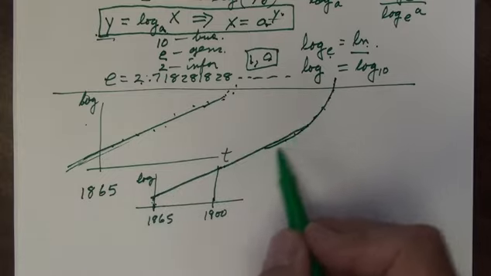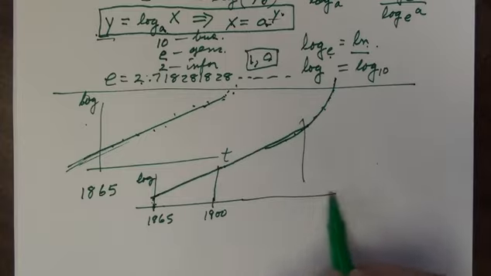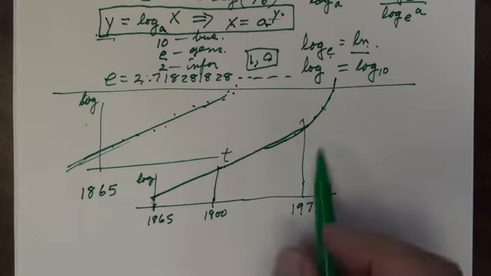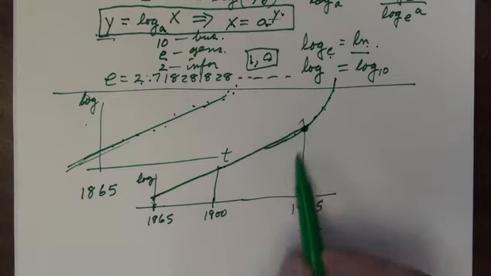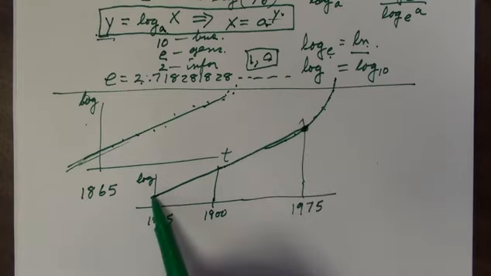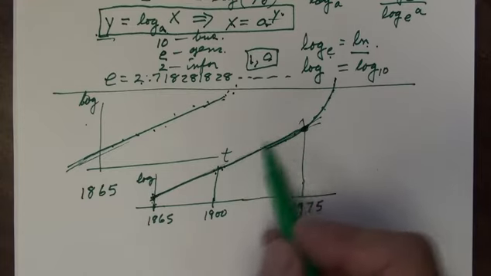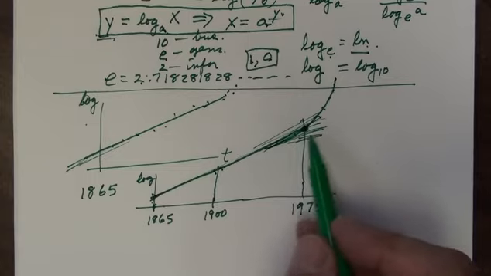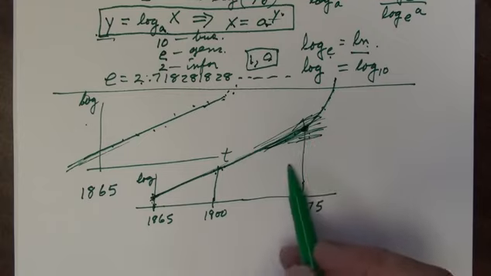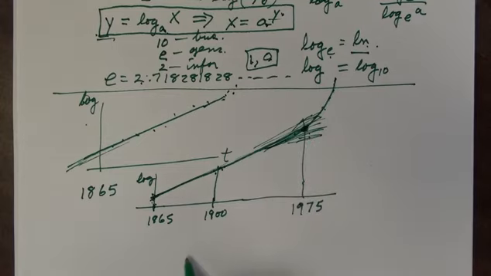In fact, it will be a straight line all the way up to the year 1975. You can predict what the energy use is in 1975 by the energy use from about 1865 to 1900. So I mean, it's not perfect, but it's very hard to change the rates of things, like the rate of reproduction, population growth, the rate of use of electricity, energy, and so forth like that.